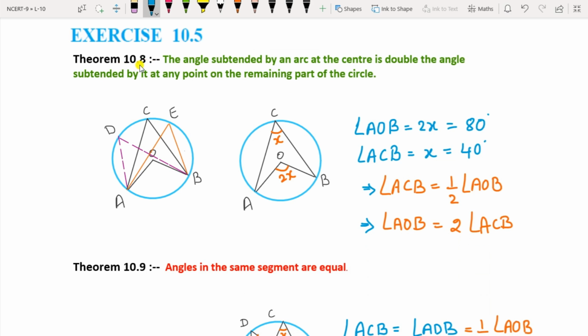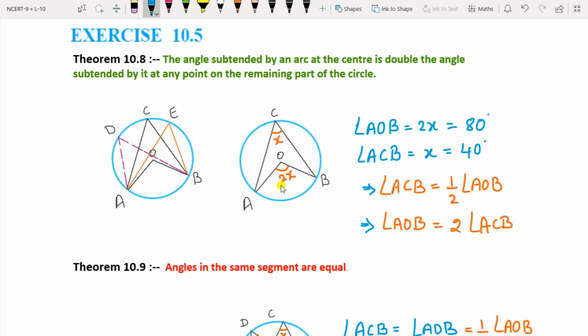Theorem 10.8: the angle subtended by an arc at the center is double the angle subtended by it at any point on the remaining part of the circle. Now you know that this is the minor arc and this is called the major arc. So the angle subtended at the center will be double the angle subtended by the arc at the major arc.